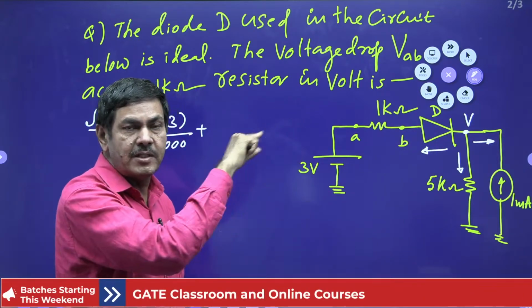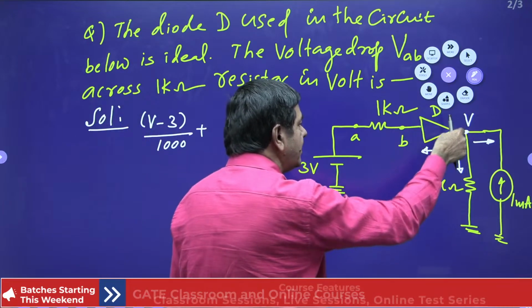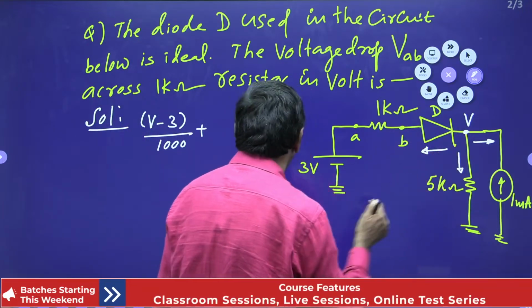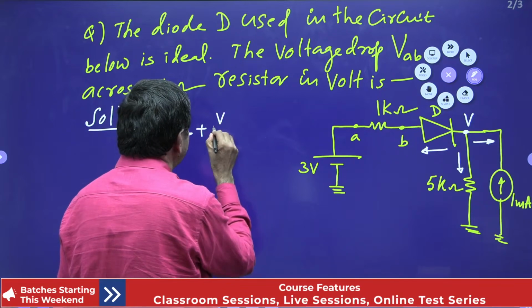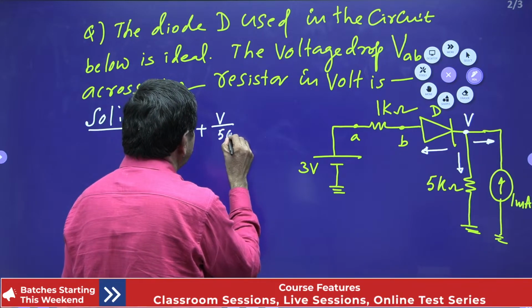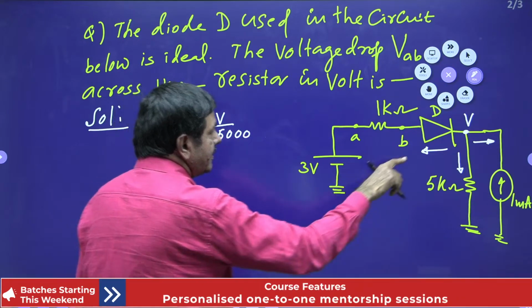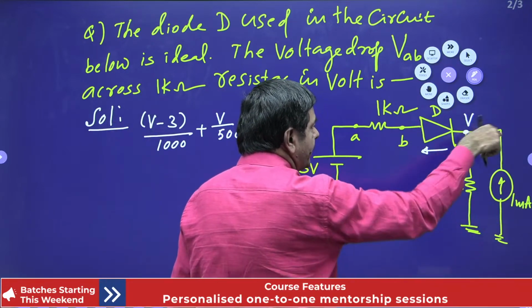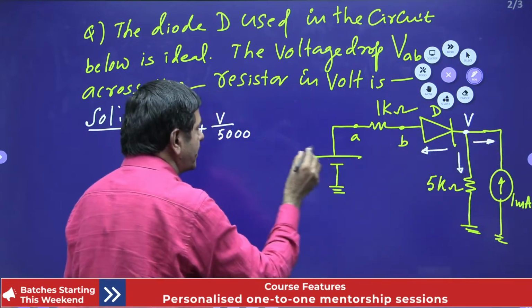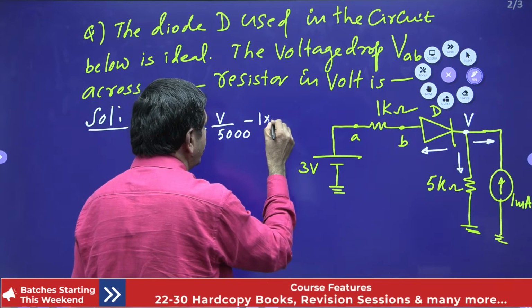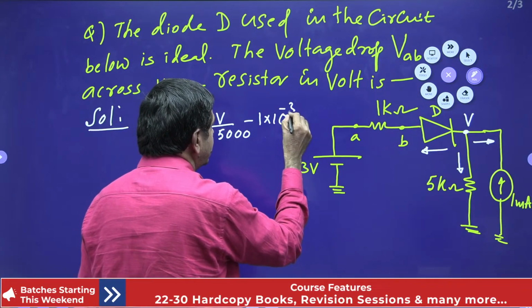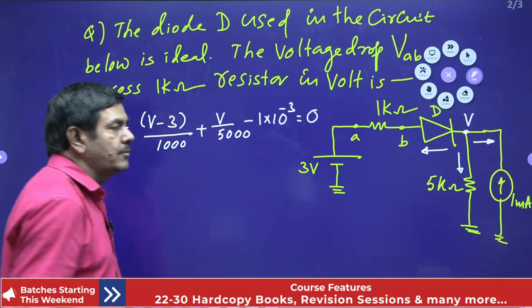Drop across the diode is 0 only. What about this current? V by 5K, V by 5000 I can put. This side current is nothing but 1 milliampere, but the direction is taken reversed. Reversed means minus 1 milli, minus 1 into 10 power minus 3. Summation of all the currents equals 0 at that node.